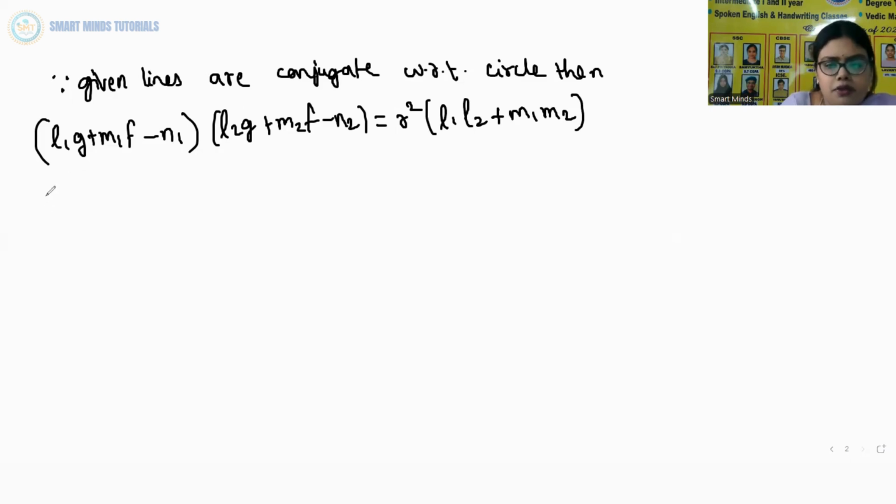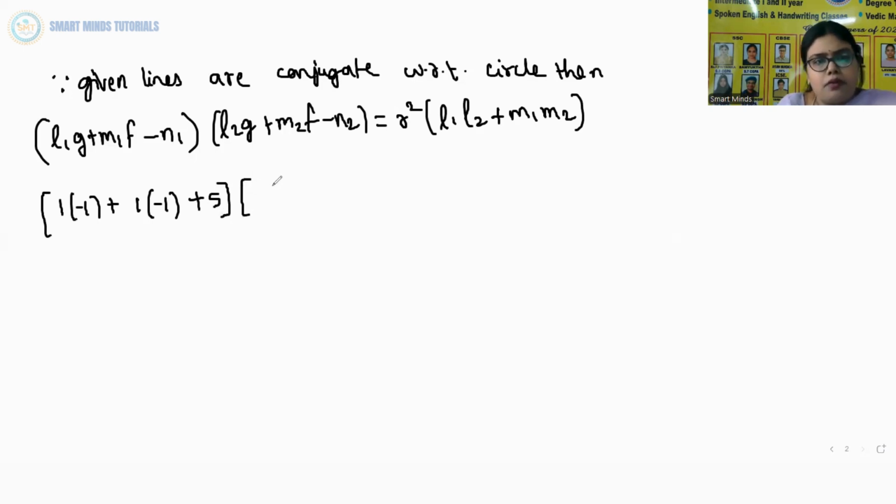Now we substitute the values. l1 is 1, g is minus 1, m1 is 1, f is minus 1, minus n1 is minus of minus 5, minus into minus is plus. Now coming to the second bracket, l2 is 2, g is minus 1, m2 is k, f is minus 1, minus n2 is minus of minus 8.